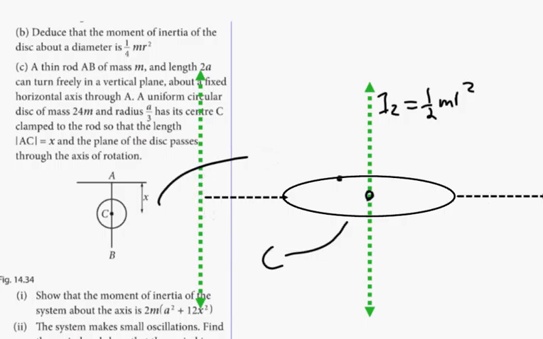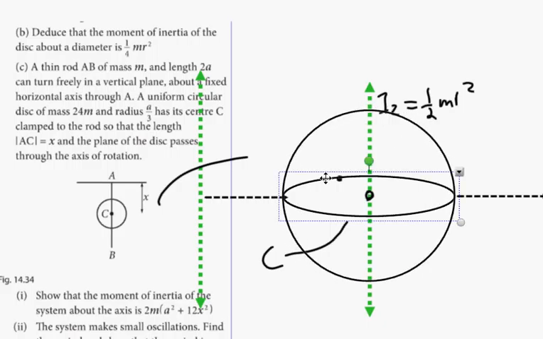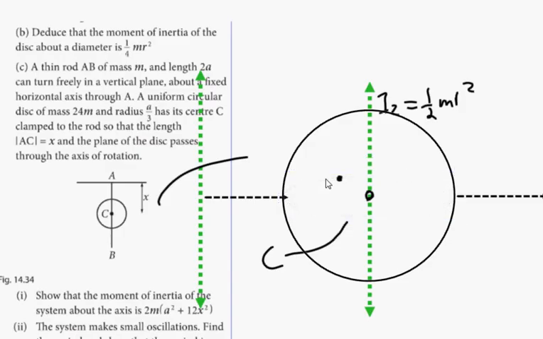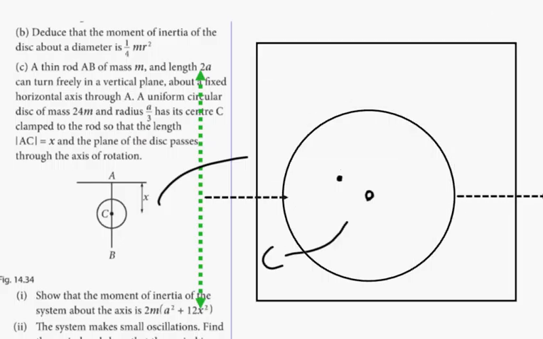Going to get rid of that ellipse, and we're going to replace it with a circle. And instead of the parallelogram, we're going to be talking about a square. So, like so. That's the plane we're rotating out of, like this.